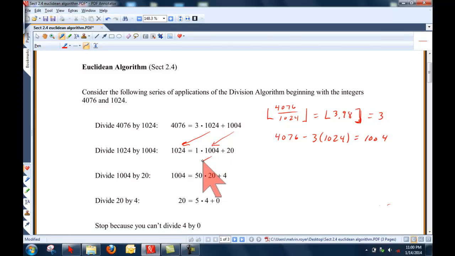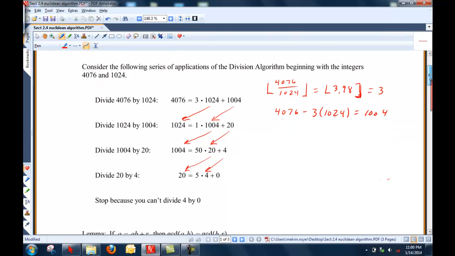Repeat the process, bring the old divisor over to become the new dividend, the old remainder over to become the new divisor, and one more time. And finally we get a remainder of 0. By this pattern, the next step would be to divide 4 by 0, and that's bad news, and so that's a signal for the algorithm to stop.